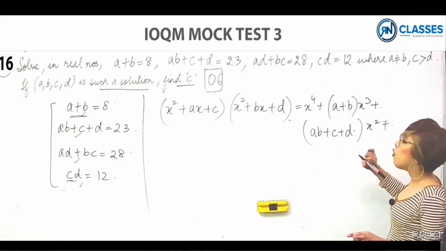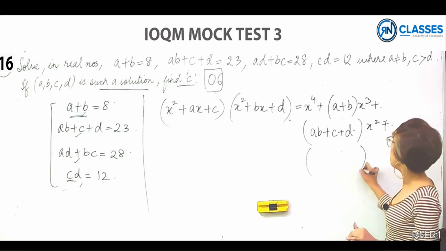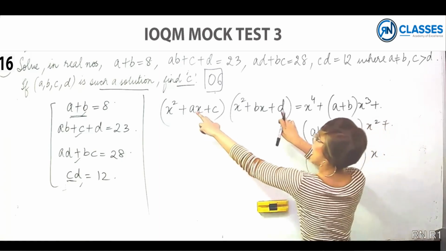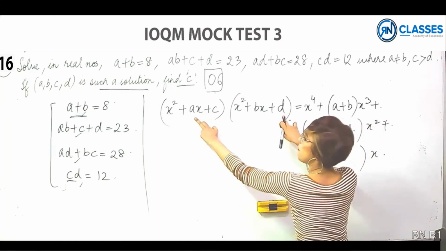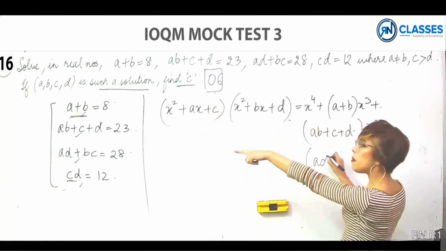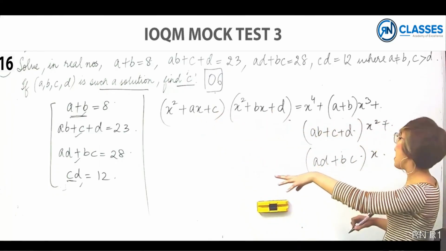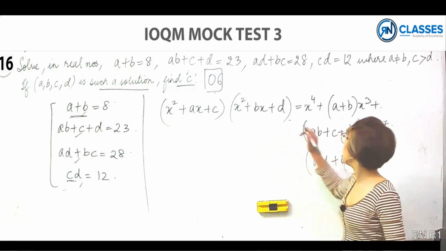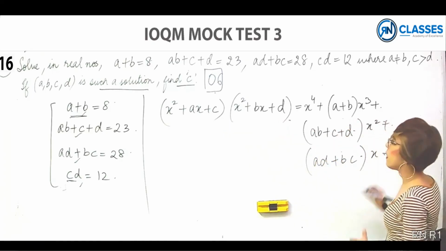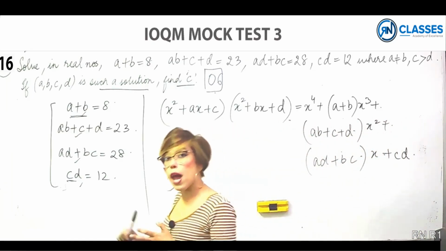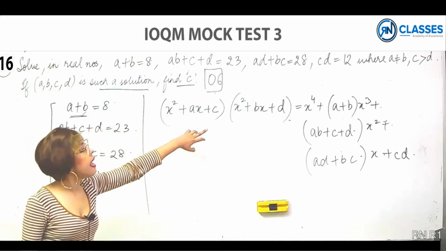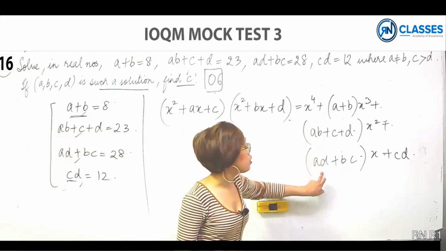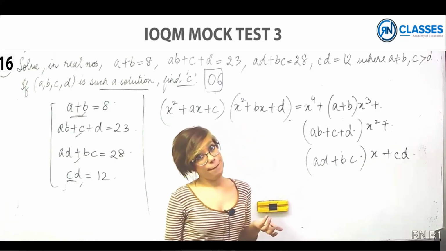Plus, now the coefficient of x, which is AD plus BC, and obviously the last term would be CD. You were able to write two factors in which these four expressions occur.